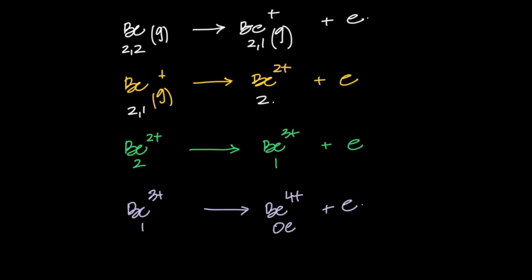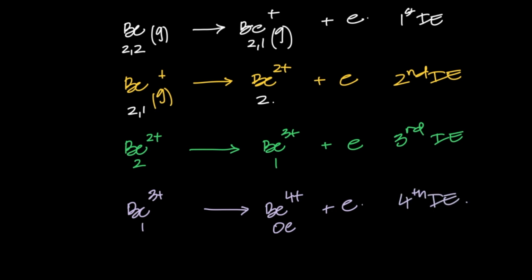It had 4 and I removed them 1 by 1. The first one is the first ionization energy, the second one is the second ionization energy, in short form IE. The third equation represents the third ionization energy, and the fourth represents the fourth ionization energy.